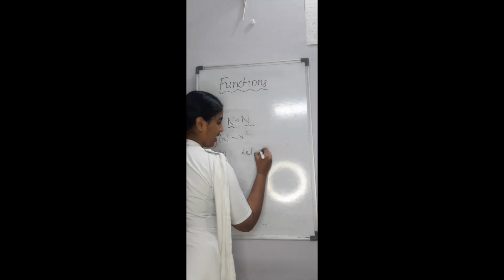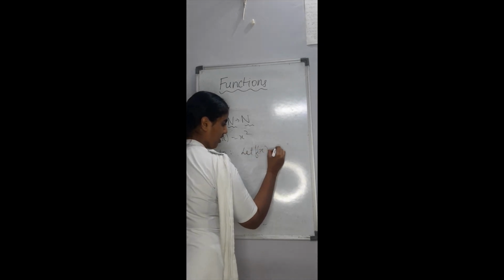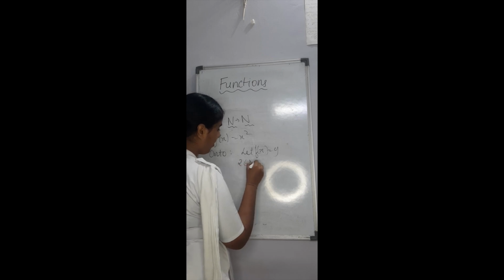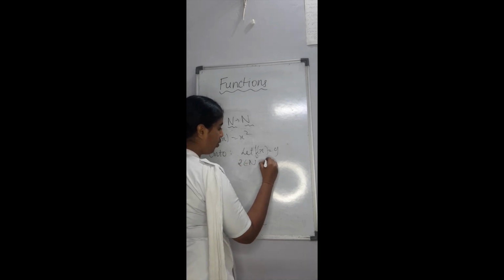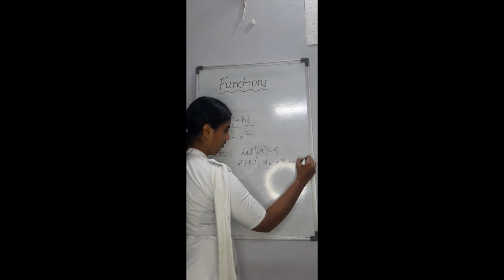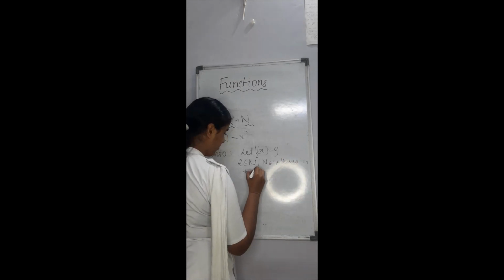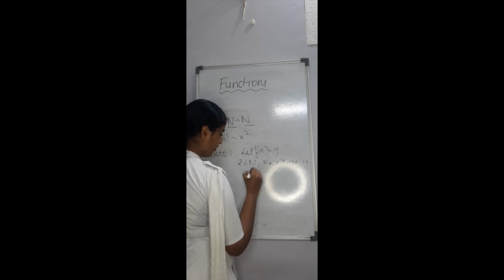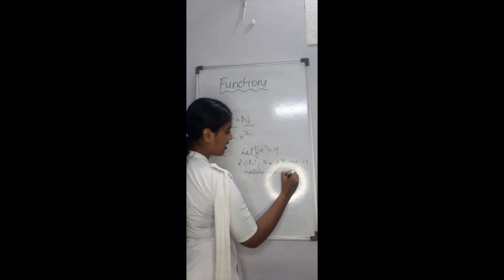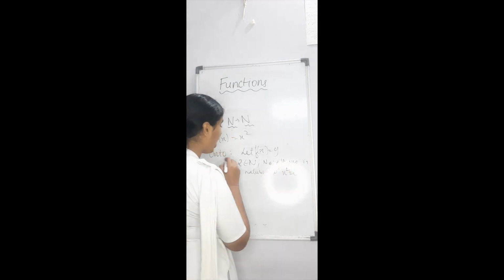We let f of x equals to y. Now say we have 2 belonging to n, then no other number in natural numbers satisfies the condition x square equals to 2 other than 2.